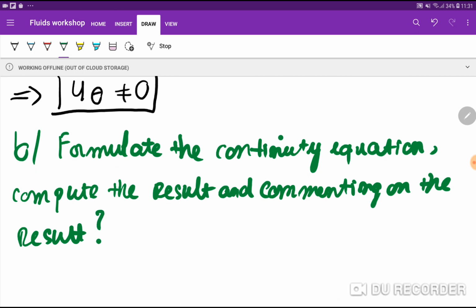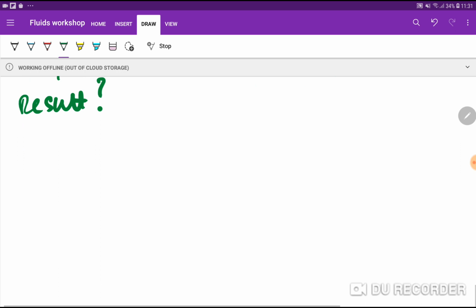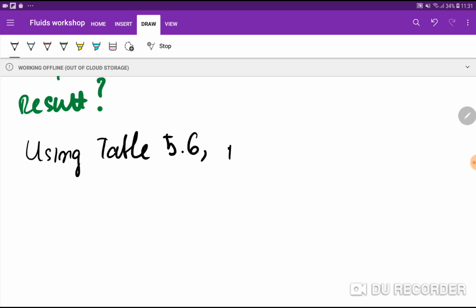The first thing that is very important for engineering students is where in the textbook I can find this continuity equation. For this textbook, you can use table 5.6, page 268. What does it say?